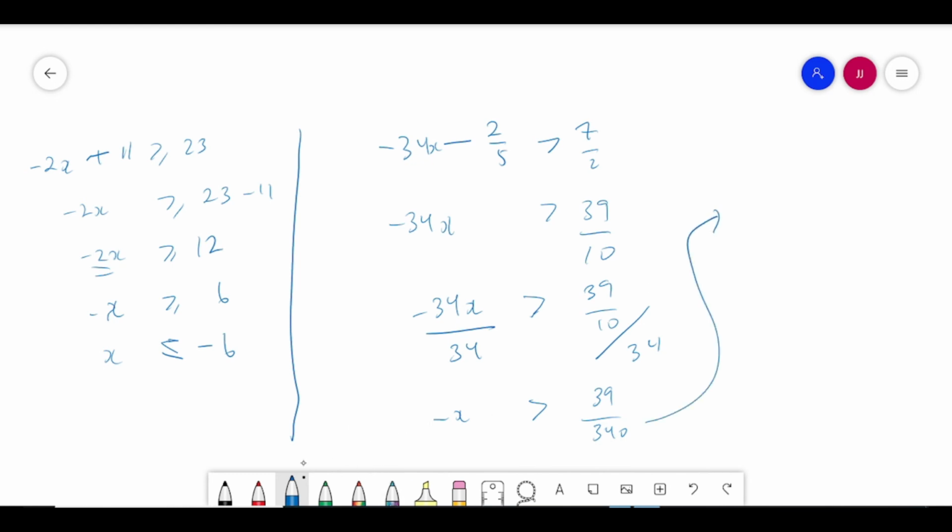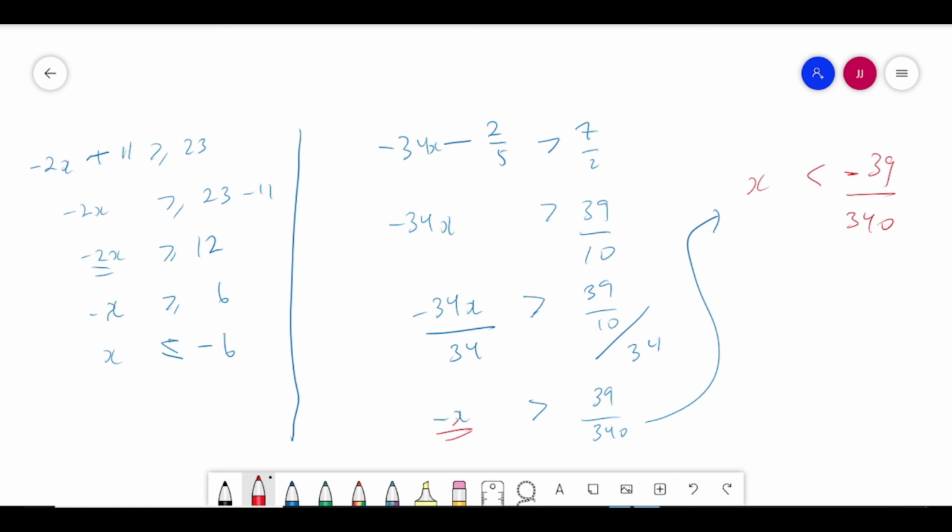And of course, we still haven't finished, because we are dealing with a negative here, and when we transpose that negative, we will be dealing with a division, so we will have to switch the sign. So it will be x is less than negative 39 over 340.